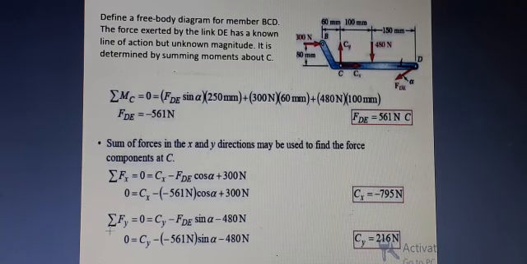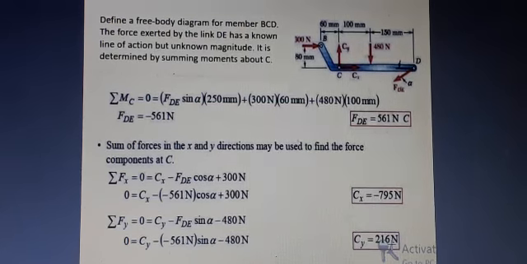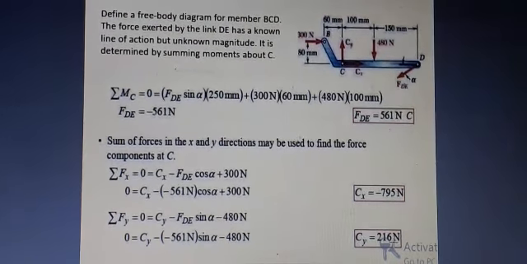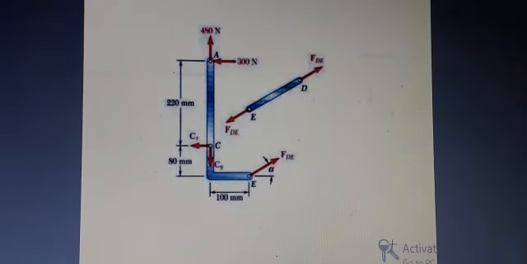Then applying summation Fy equal to 0, you get Cy equal to 216 Newton. After calculating all the unknown forces, you have to draw this diagram, showing the forces in link DE and at pin joint C. So this is all about the analysis of frames.